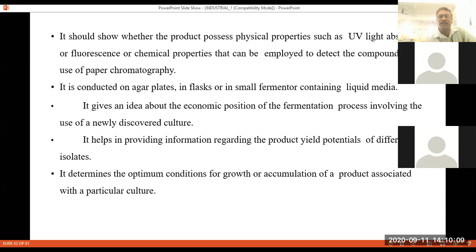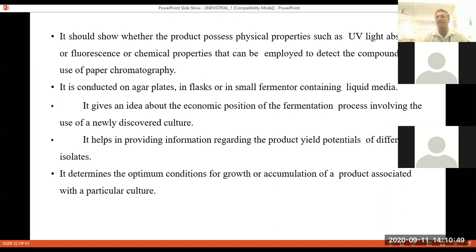Now this secondary screening gives an idea about the economic position of the fermentation process, which involves the use of a newly discovered culture. Whether the culture you have is new or old, you get a lot of new information as a microbiologist. And if it is a new one, it is a golden opportunity for the microbiologist to go for patenting.